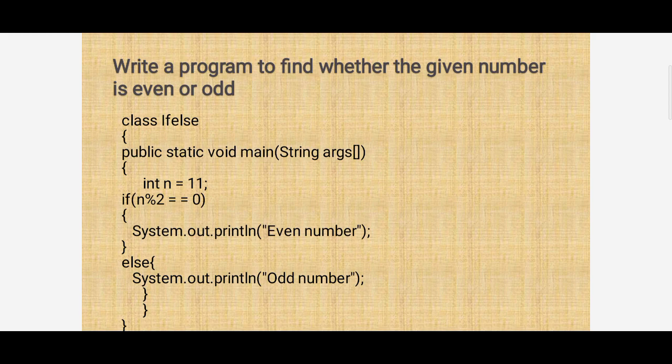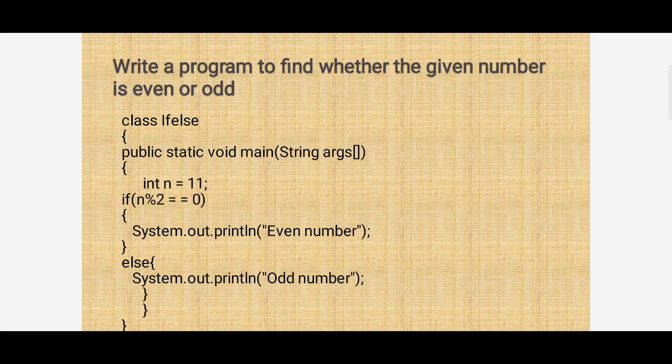Otherwise, if n modulus 2 is not equal to 0, then System.out.println prints odd number. The second part, that is the else part, is executed here.